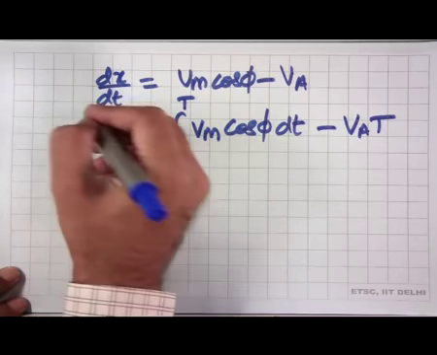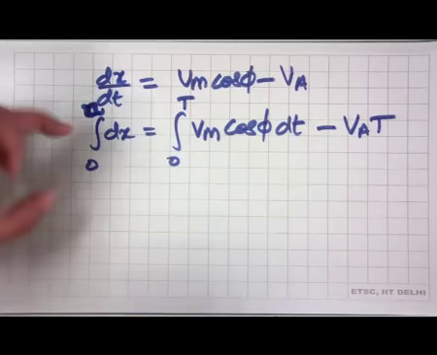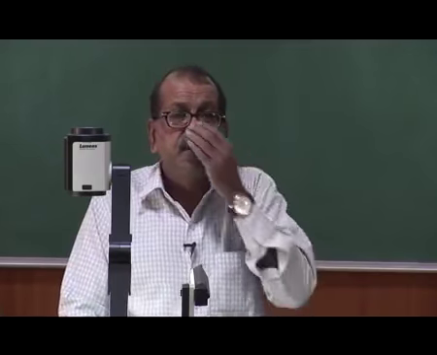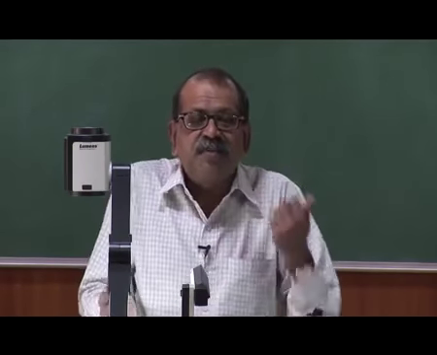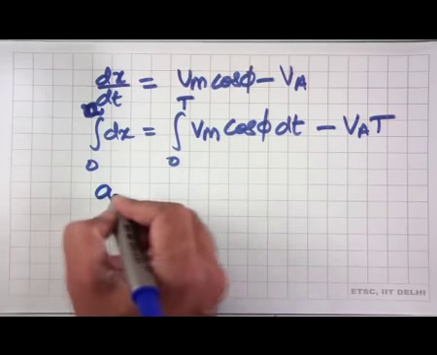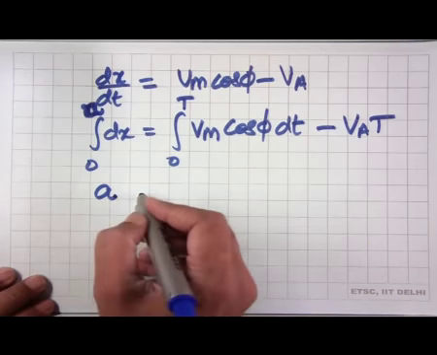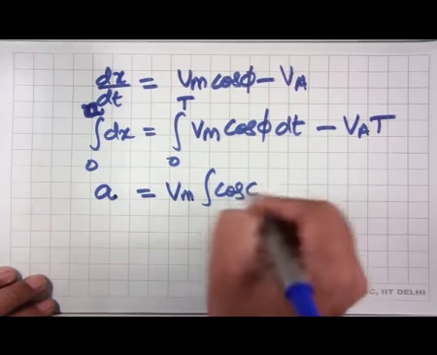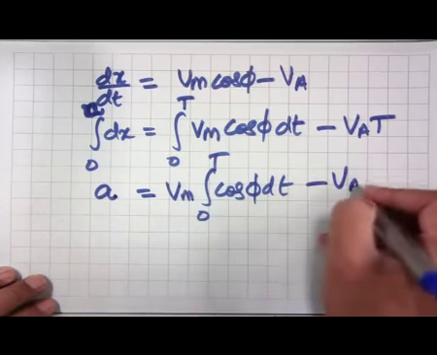And this x distance which is moved in the reference frame of the aircraft is nothing but the initial separation, because that is the distance which the missile has to cover in the reference frame of the aircraft in the x direction. So, from here we get the second equation, which gives us A is equal to Vm times integral cos phi dt from 0 to t minus Vat.